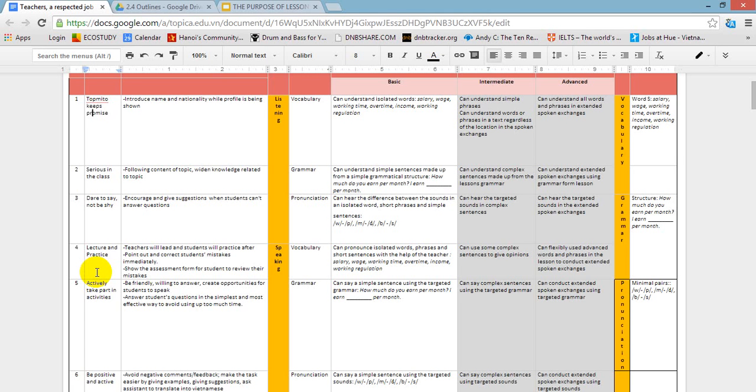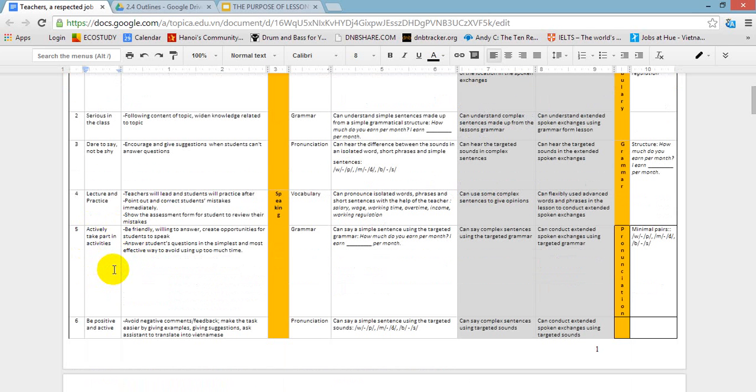So we will lecture them and then they will practice. And we will also help them by pointing out their mistakes and correcting them, and giving them an assessment and some feedback to help them improve.